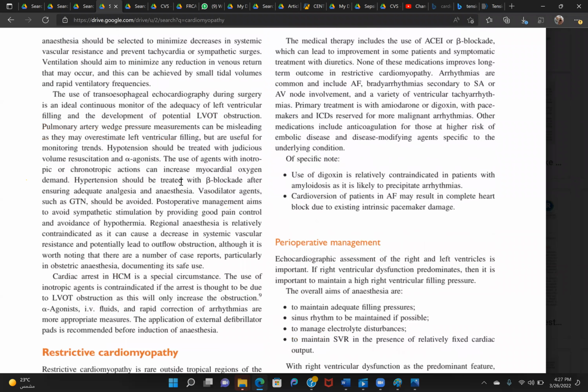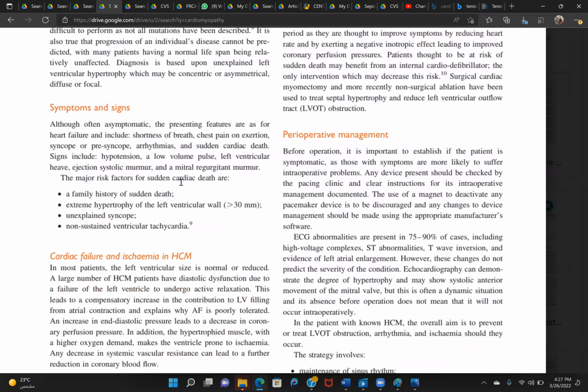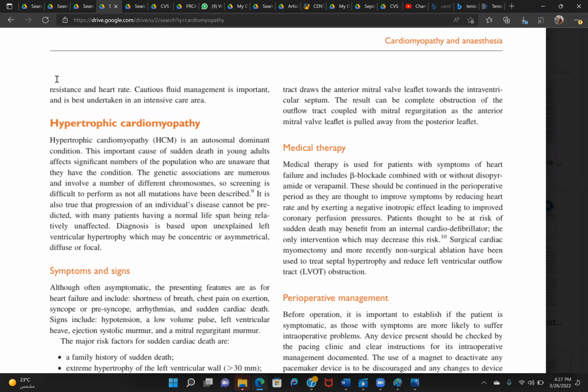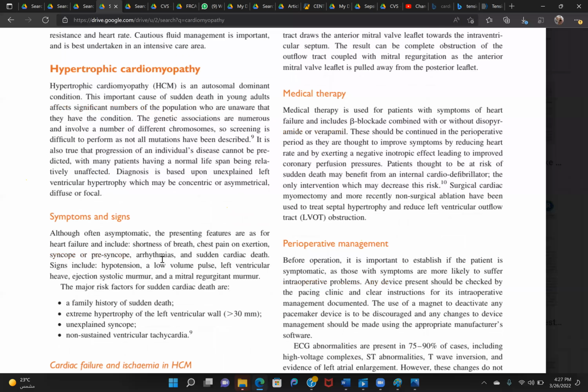And in hypertrophic cardiomyopathy, what happens? There is obstruction. As a result, contractility is increased. Diagnosis is based upon unexplained left ventricular hypertrophy, which may be concentric or asymmetrical, diffuse or focal.